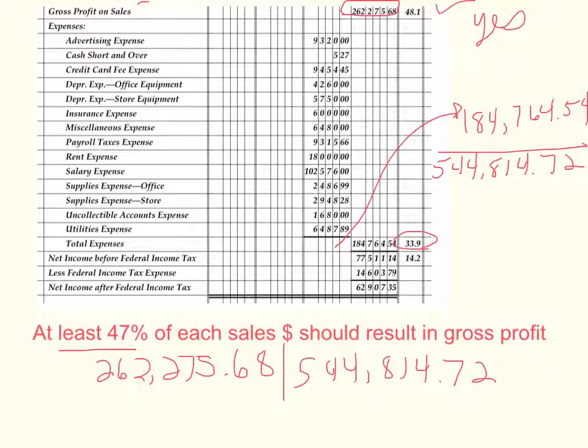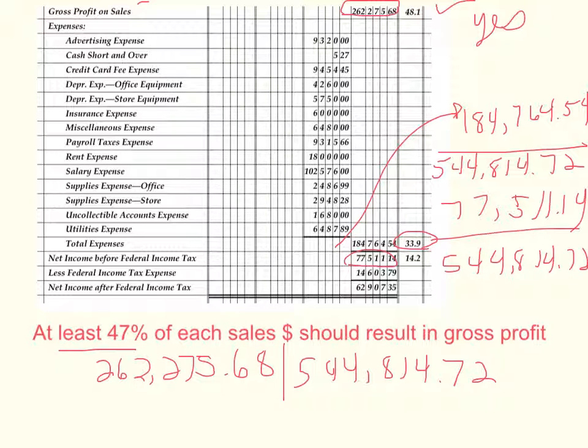Your net income before federal taxes, 77,511.14, divided by your net sales again of 544,814.72. Notice in every case 544,000, which is our net sales, is always your denominator.